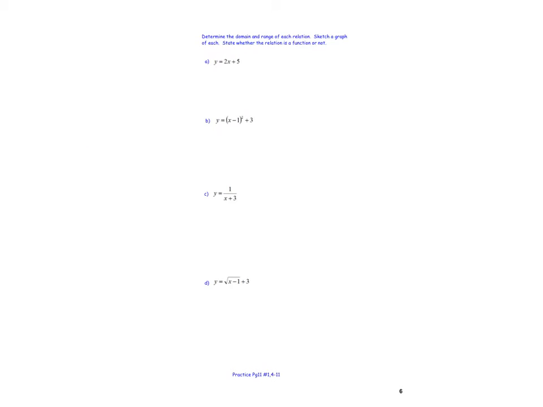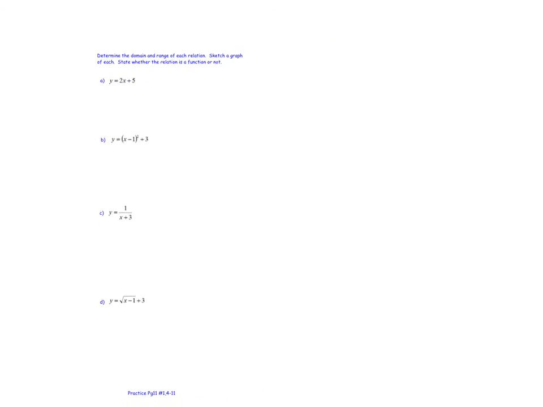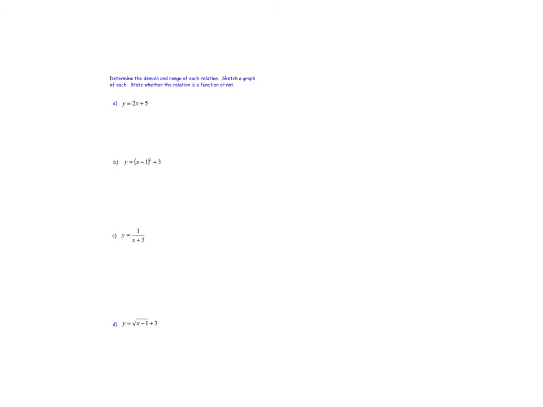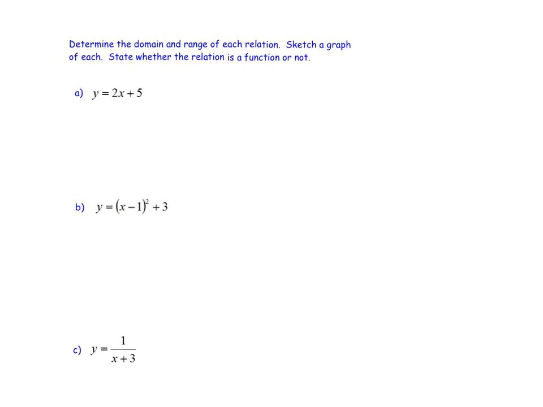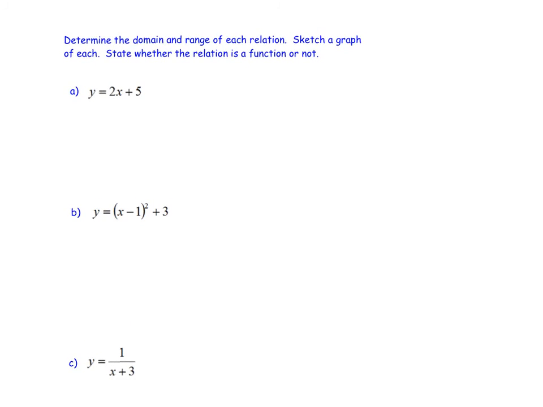Okay, and let's move on to the last slide here. Determine the domain and range of each function. Sketch a graph of each one. Okay, so this one is just a straight line, so y equals mx plus b.